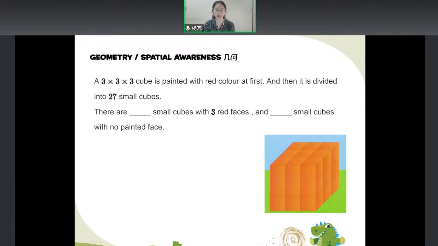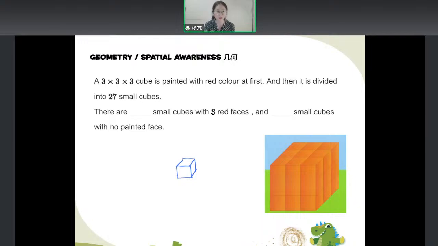So this is a cube, right? Is there any kid here who can tell me, how many faces does one little cube have?